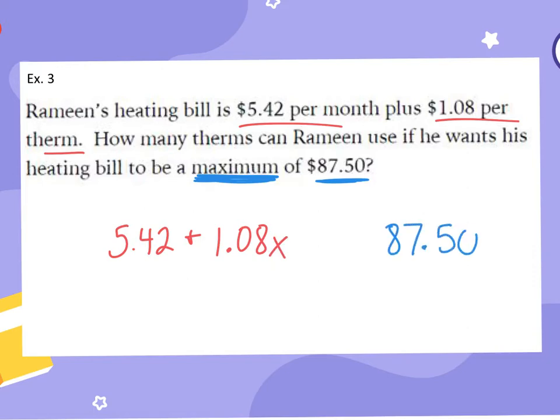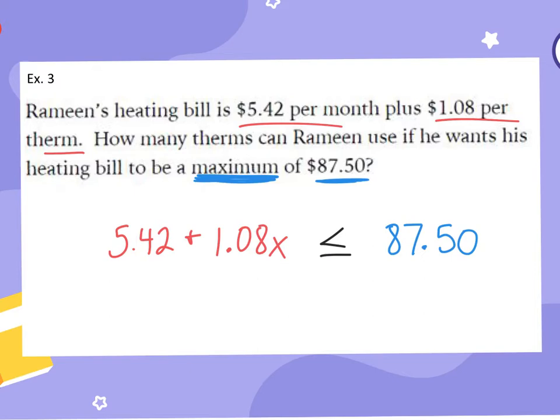$87.50 is our maximum that we want to spend. So what sign needs to go between these two? Less than. Could it be equal to $87.50? Yeah, it could. So less than or equal to. And now just solve that one. So go ahead and use a calculator to solve that. Okay, solve this one for me.